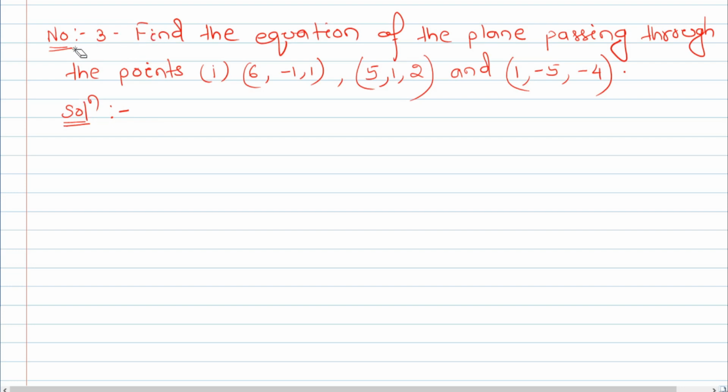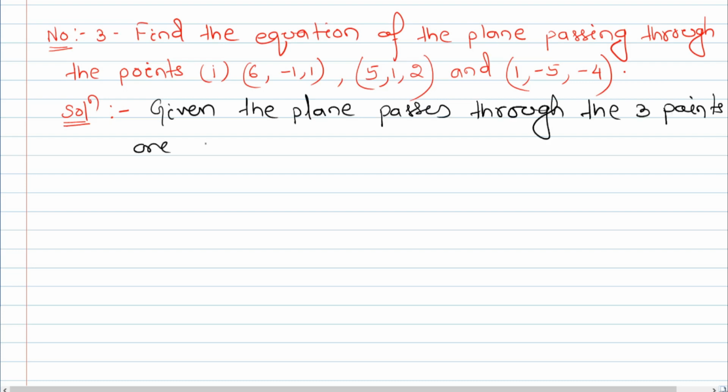So you read the question number 3, that is find the equation of the plane passing through the points given: 6, minus 1, 1; 5, 1, 2; and 1, minus 5, minus 4. So the plane passing through the 3 points given, that means we know that determinant type formula. So first you will write, given the plane passes through the 3 points: first one is 6, minus 1, 1, that one you can take x1, y1 and z1.